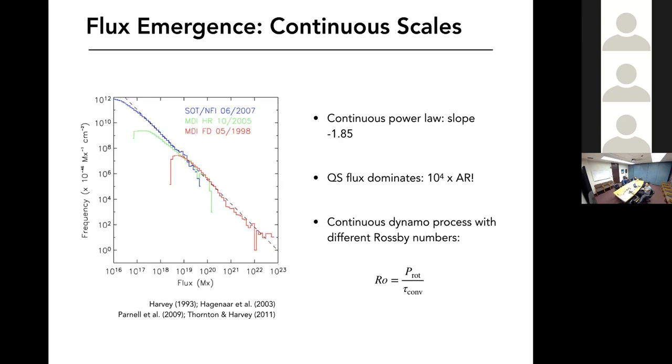And we know that the dynamo process is strongly affected by the Rossby number, which is basically a measure of how important the stellar rotation is compared to your convection time. If you have a fast rotation, which means your Coriolis force is stronger, your dynamo process will be more strongly modulated by global processes like the cycles.